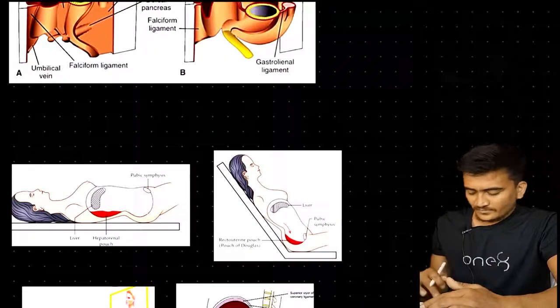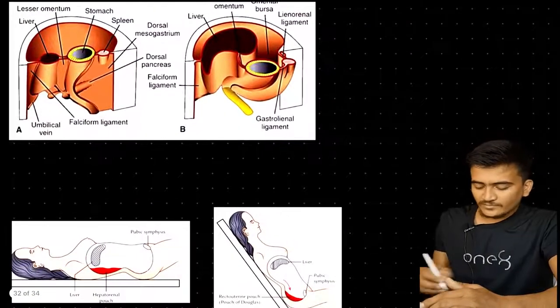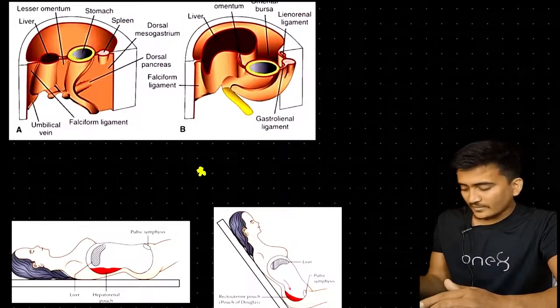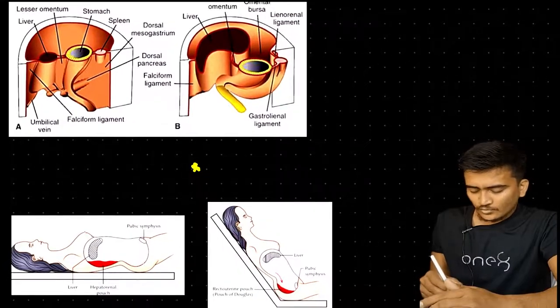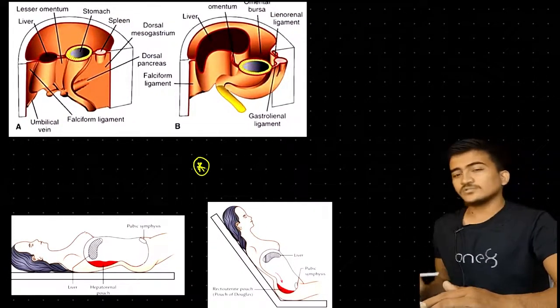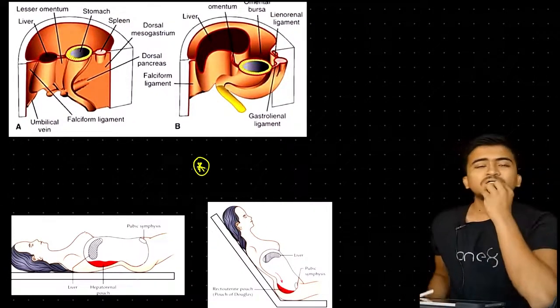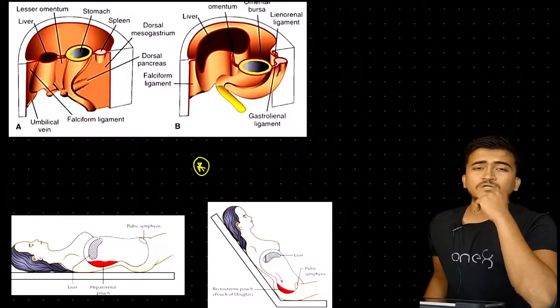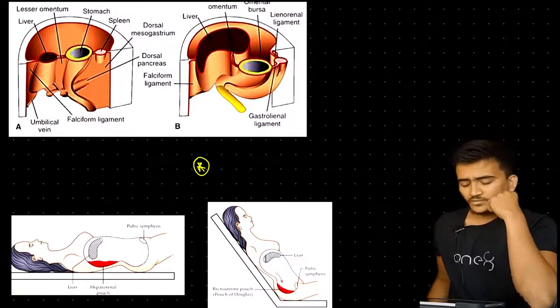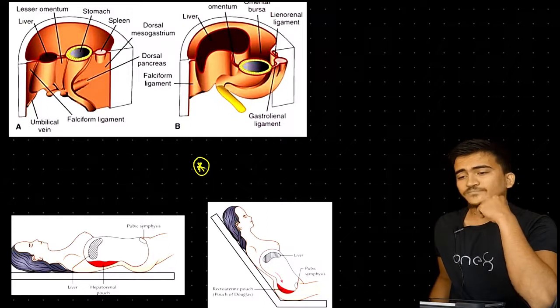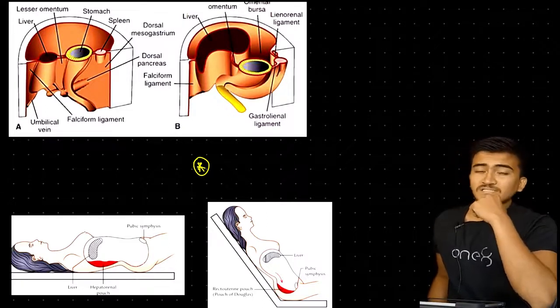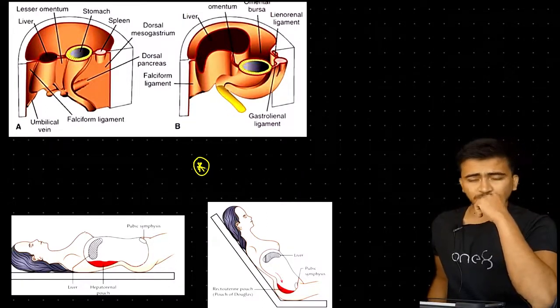Now in this diagram, before getting into it, I would like to take you toward one important thing. Let us suppose there is one patient who was a computer operator, right? That patient is having severe epigastric pain.